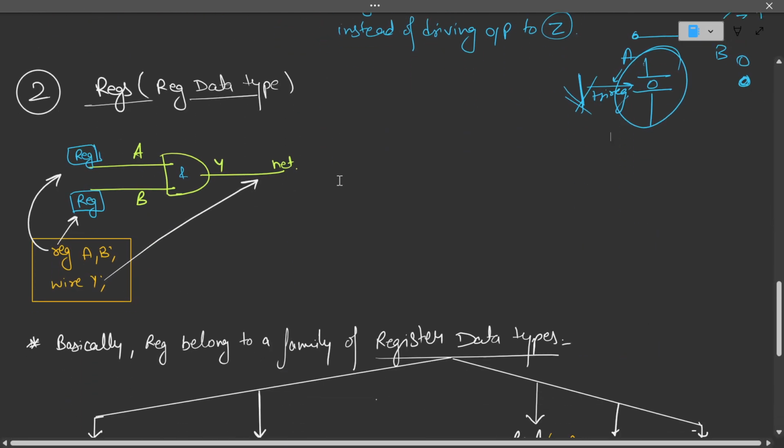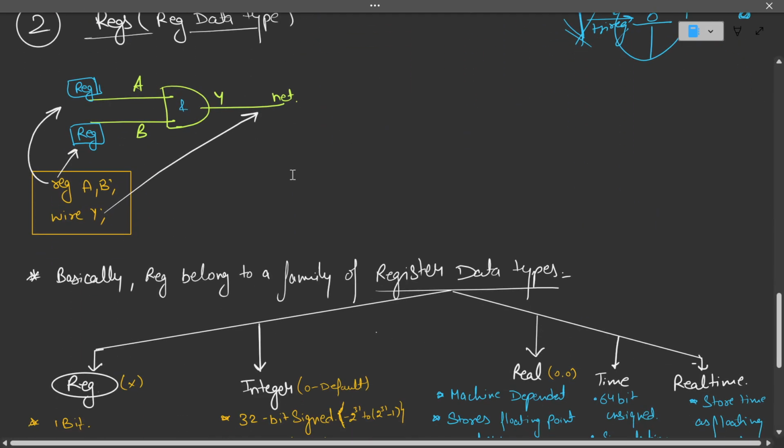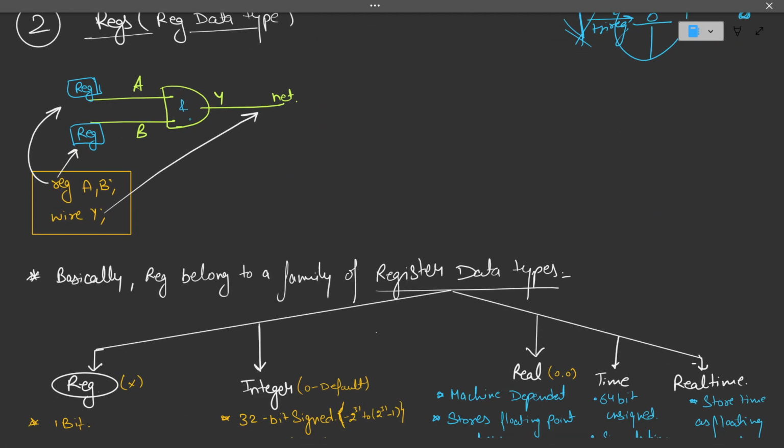So moving ahead, in case of reg, if you have the same design, now you want A and B to be some type of memory elements. You want to store the charge. Whenever you remove the supply from A and B, you don't want Y to be high impedance.